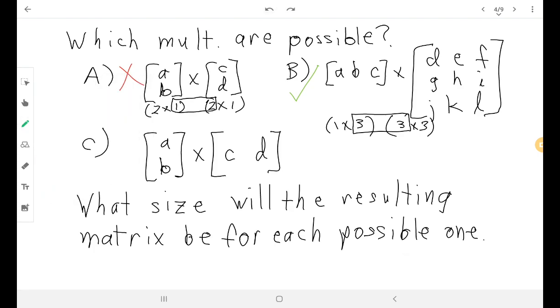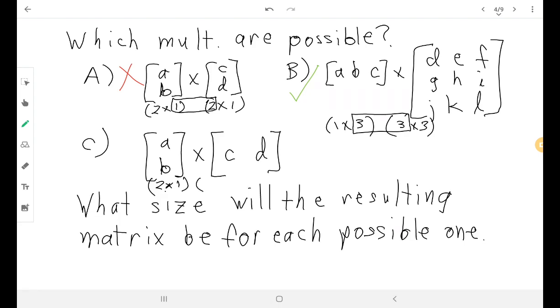Let's do the last one. What are the dimensions of the first matrix for choice C? There are 1, 2 rows, so it is a 2 by something matrix, and there is 1 column, so it is a 2 by 1 matrix.